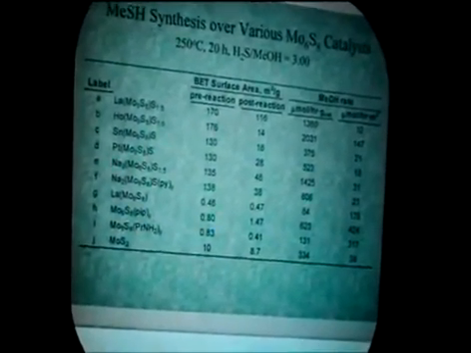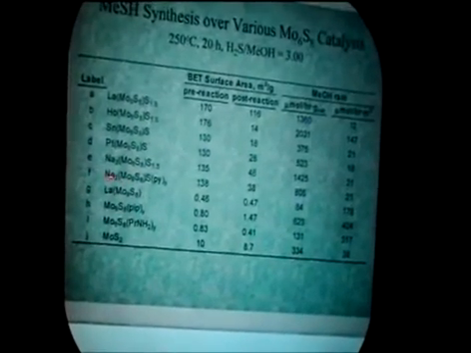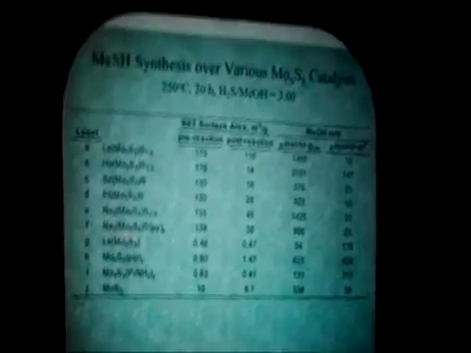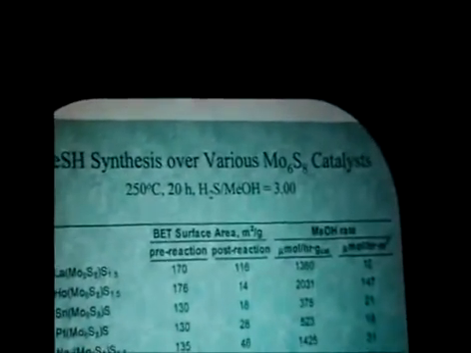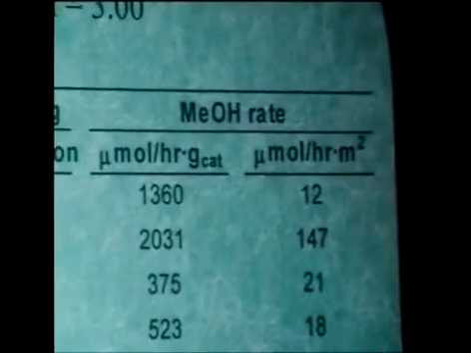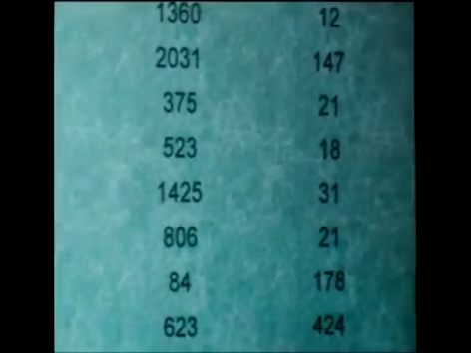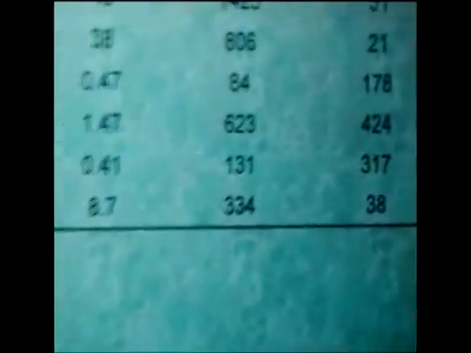Next is the starting material for the molecular cluster compound, which has a pyridine ligand. Then we have the lanthanum Chevrel material, a couple of molecular complexes, and MoS2 as a reference. And we see a couple of things.